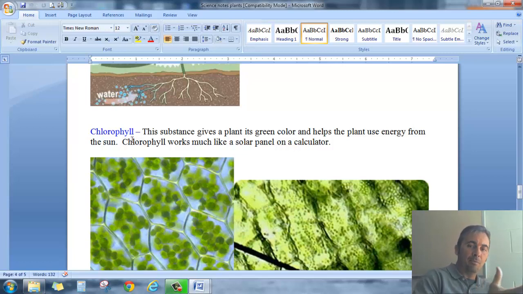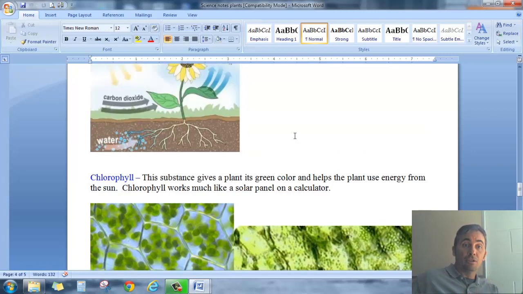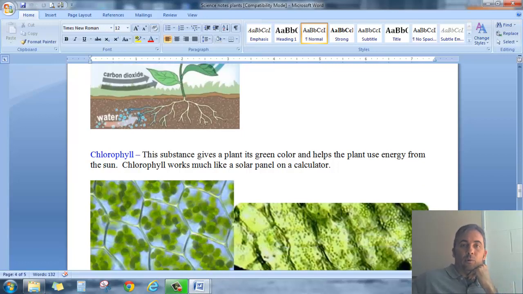That chlorophyll is able to take in that light energy and convert it into usable energy that will help the plant to use these other substances also mixed in with the water and the carbon dioxide, and through a pretty complicated process they can make their own food. But without chlorophyll it would be impossible. So chlorophyll is really amazing stuff.